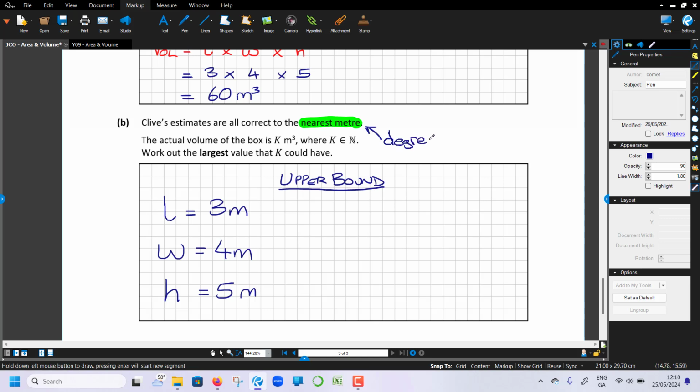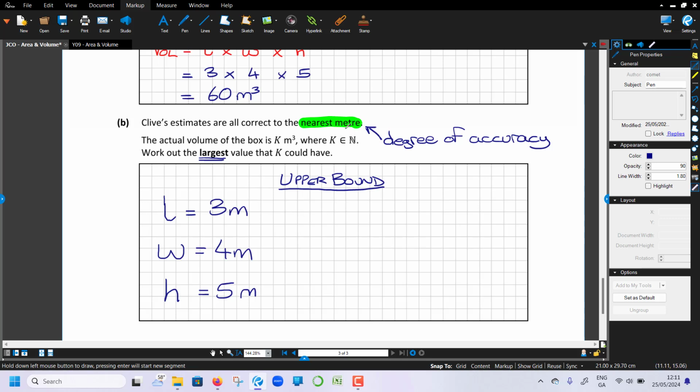Now, you mightn't have heard your teacher say that, but that's how I understand it. So basically, you half that, and then you add it on to get the upper bound, and you deduct it to get the lower bound. But we're looking for the upper bound because we're looking for the largest, so the biggest value.